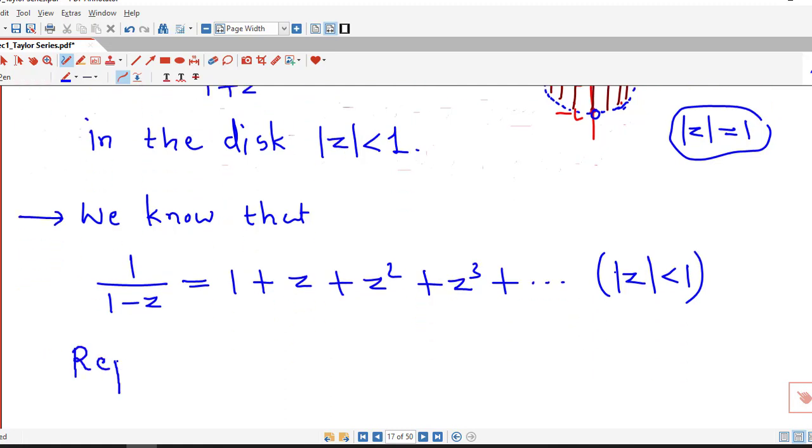So in this series we replace z by minus z square so that we obtain 1 over 1 plus z square.